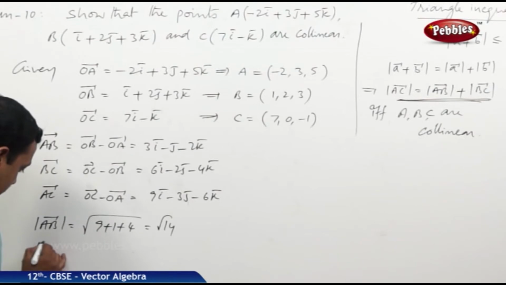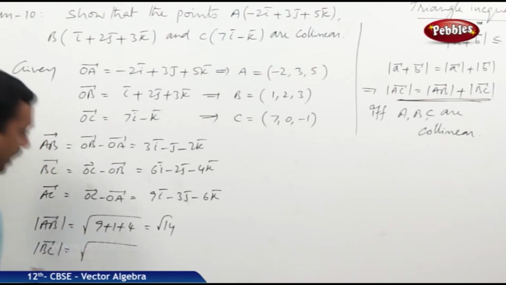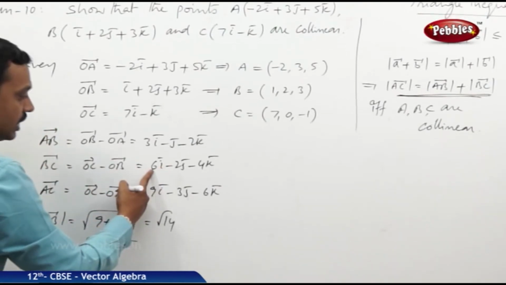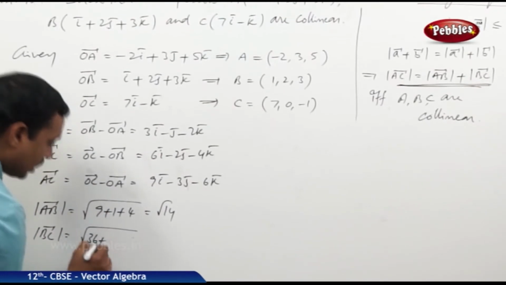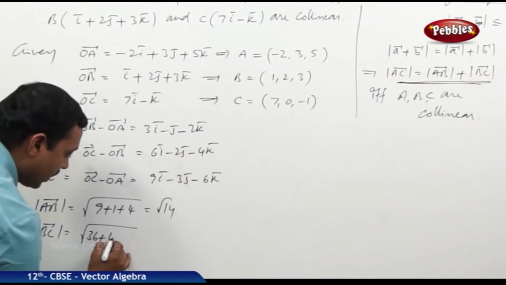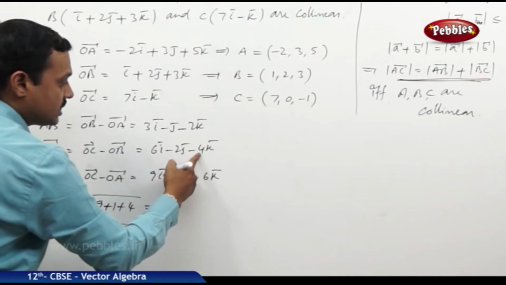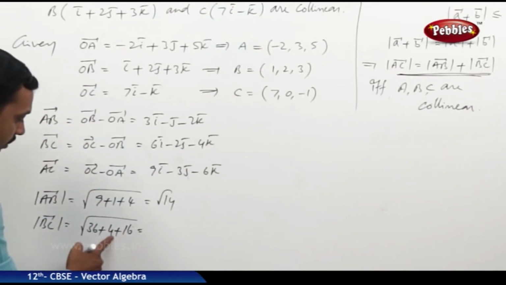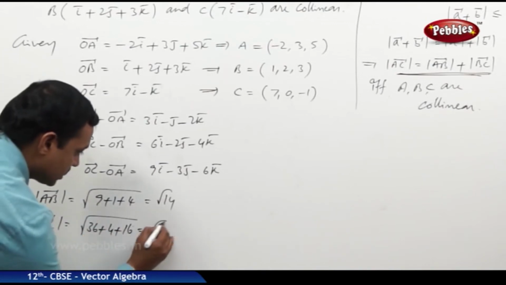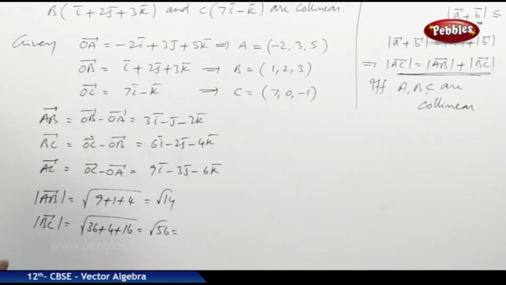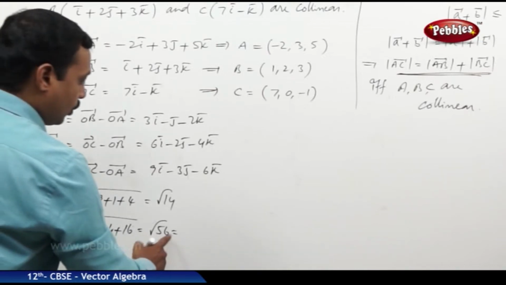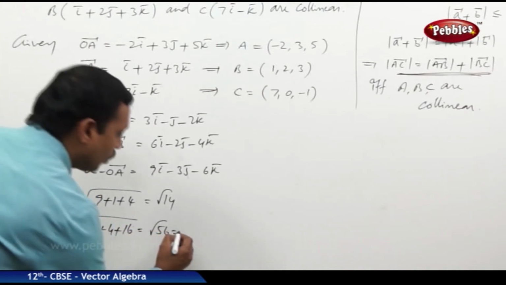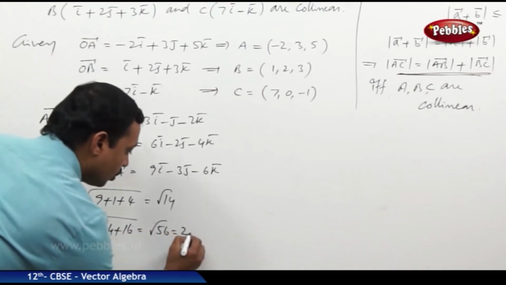The modulus of BC vector is root over 6 square, 36, plus minus 2 whole square, 4, plus minus 4 whole square, 16. It is 20 plus 36, 56, root 56. Root 56 is equal to root of 4 into 14, which is 2 root 14.